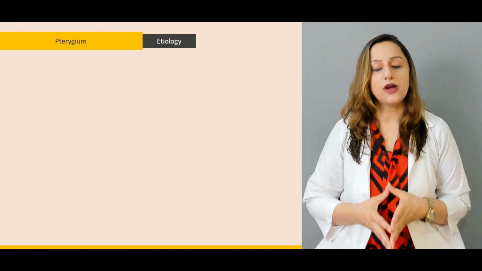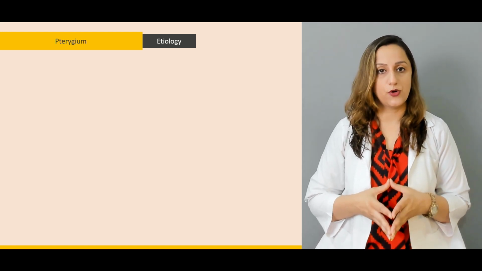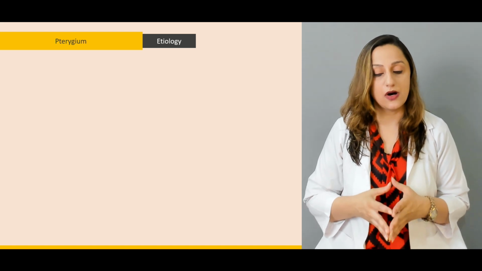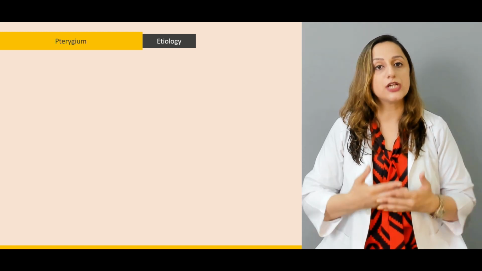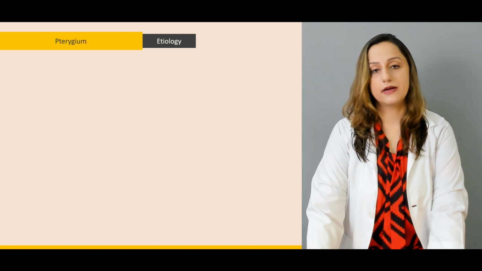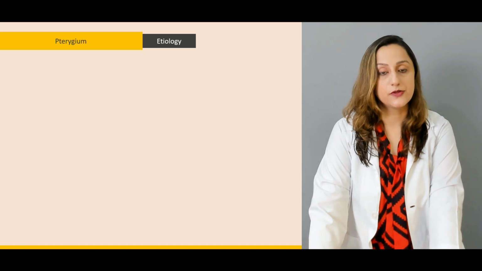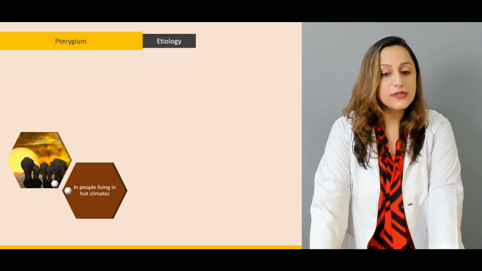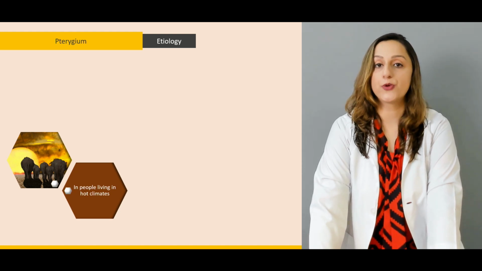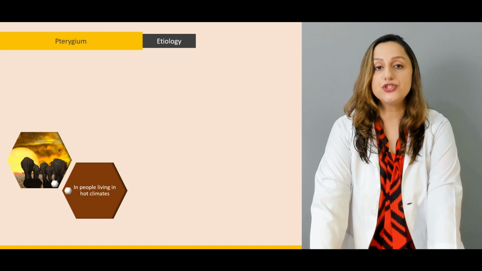The etiology of pterygium is again very important. One should know the predisposing factors for the development of this pterygium. It's usually the hot climate, and sometimes the ultraviolet rays are responsible for the development of this kind of degenerative change. People living in hot climates are more prone to the development of these pterygial changes.